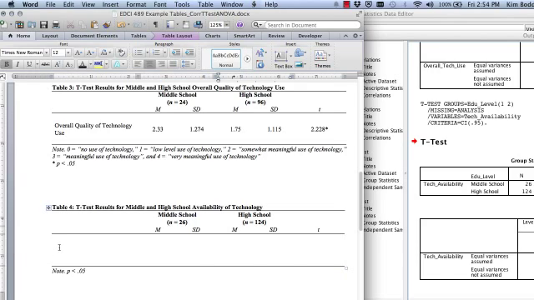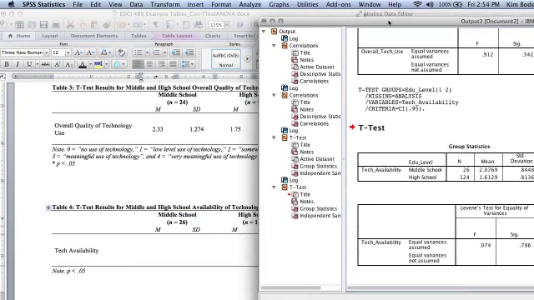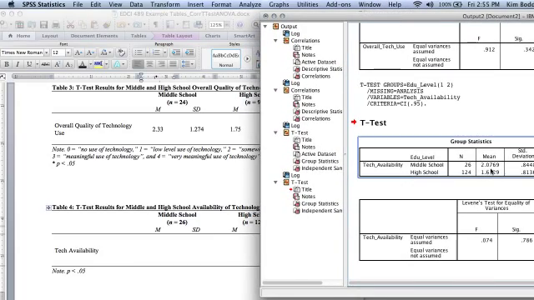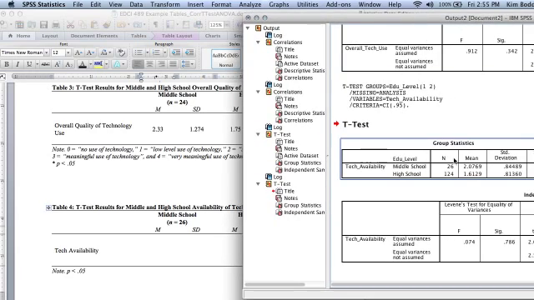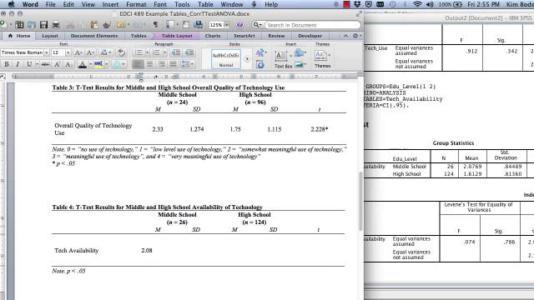And then I'm going to put my dependent variable here, which is tech availability. So tech, we'll say just tech availability. And then I'm going to put the mean and standard deviation for each one. And remember, that comes from my statistics table. Whoops, let me scoot that over right here. So 2.0, and I'll round that up to 8, 2.08.